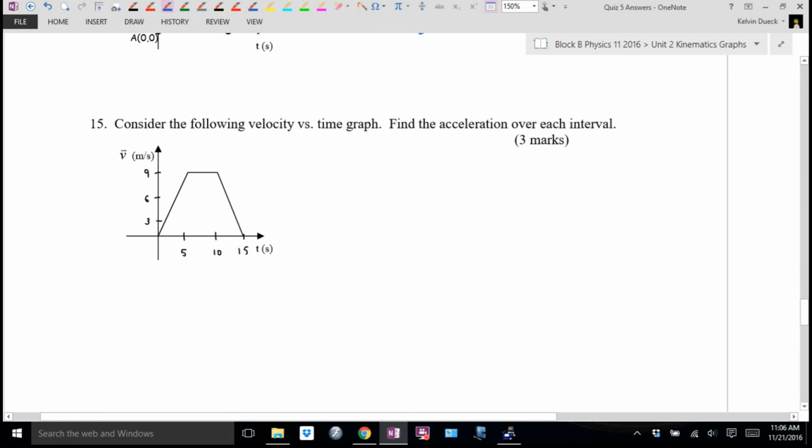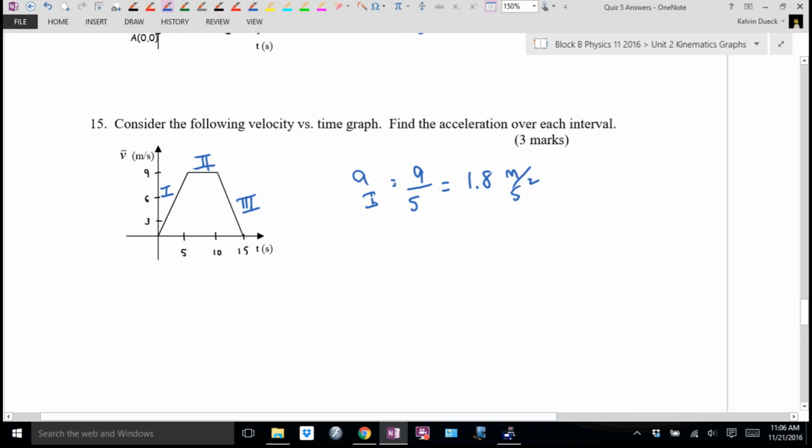Consider the following velocity versus time graph. It wants me to find the acceleration over each interval. I'm going to call this interval 1, interval 2, and interval 3. 3 marks, probably 1 mark for each one. The acceleration over interval 1 is going to be the slope, which is 9 over 5, or 1.8 meters per second squared.